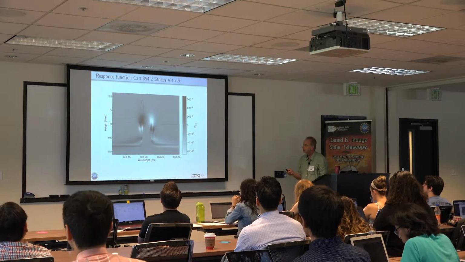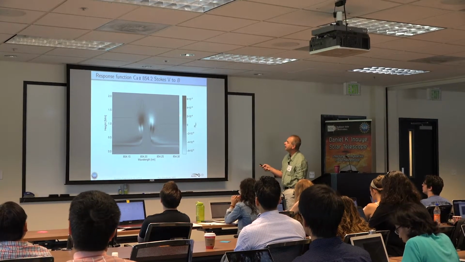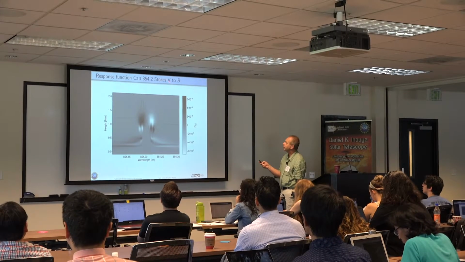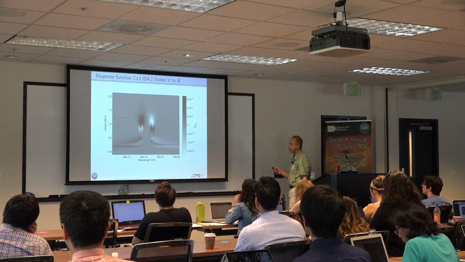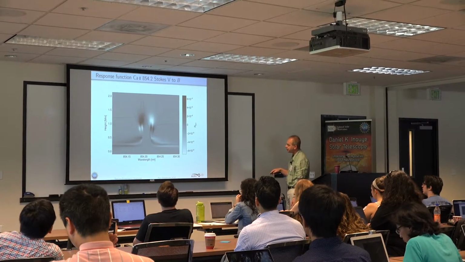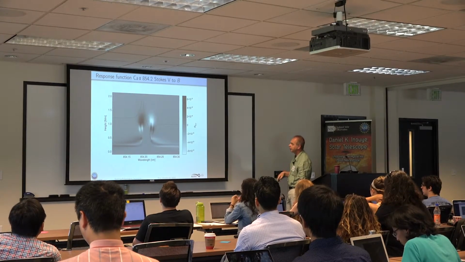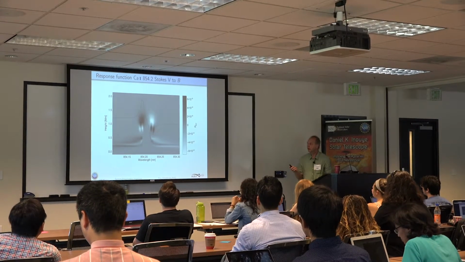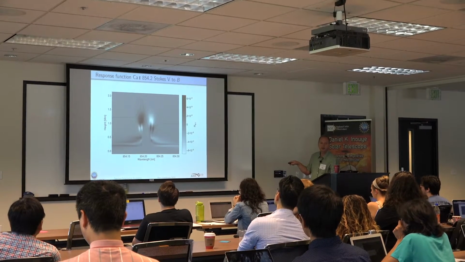One more example. This is now the response function of the same line, calcium, but now the response function of Stokes V to changes in the magnetic field. Here is Stokes V of the line. Again, a function of wavelength and a function of height in the atmosphere. And now you see there's an interesting degeneracy because I see positive and negative values here.